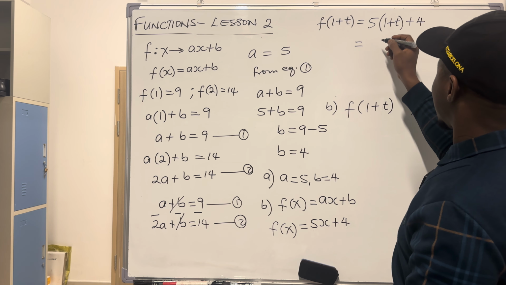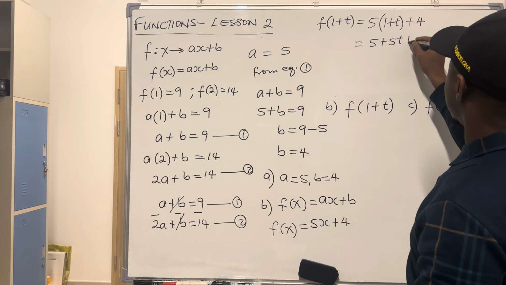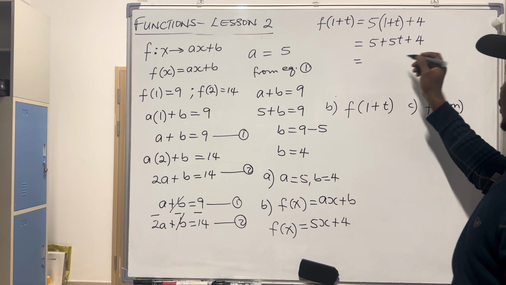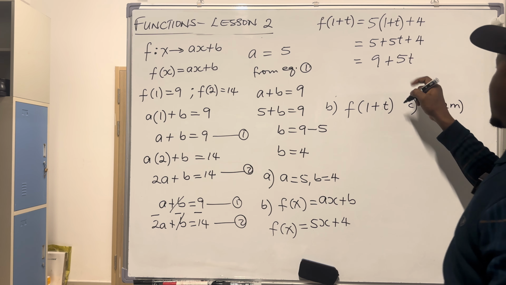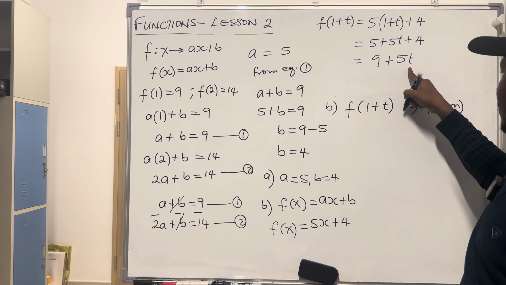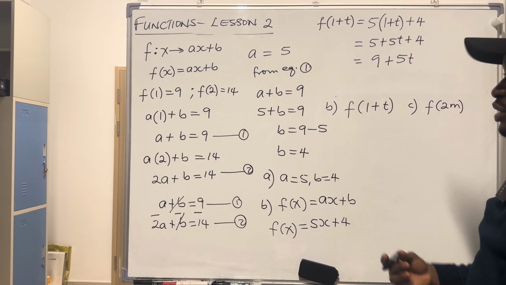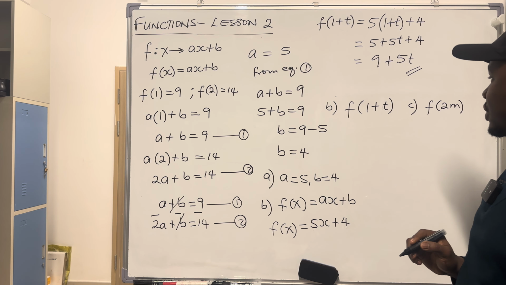So 5 times 1 is 5. 5 times t is 5t, and this is 4. 5 plus 4 is 9. This is 5t. This term contains t. This does not contain t. So they are unlike terms. Unlike terms, we don't add them. So this is what we have.